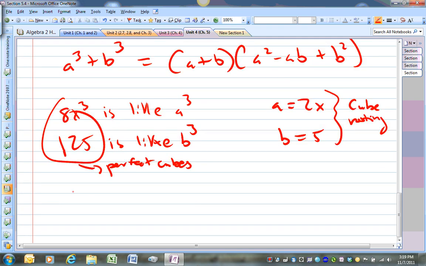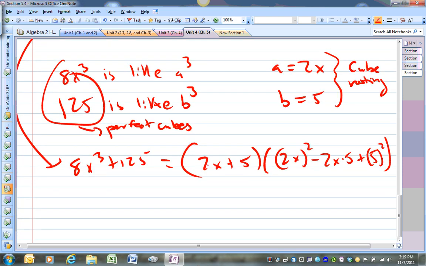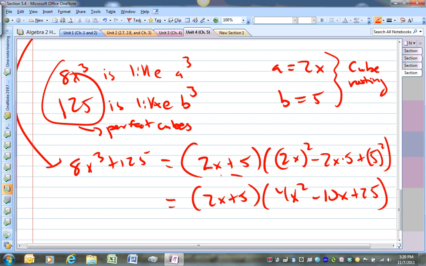So when we plug into the formula, 8x cubed plus 125, notice how I'm going to make it look just like this. I'm plugging in 2x for a, 5 for b. Of course, I have to square the 2x. Minus 2x times 5 plus 5 squared. So when I work it all out, 2x plus 5, 4x squared minus 10x plus 25. Well, that's not quite the final answer, but that's what 8x cubed plus 125 is.